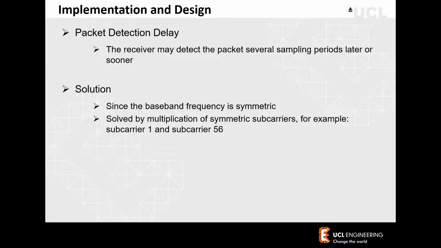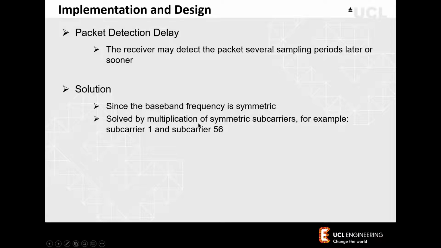This is also very crucial for the CSI data. Our solution relies on the fact that, in terms of baseband frequency, the subcarriers are symmetric, because the I and the Q have passed through the same bandpass filter.